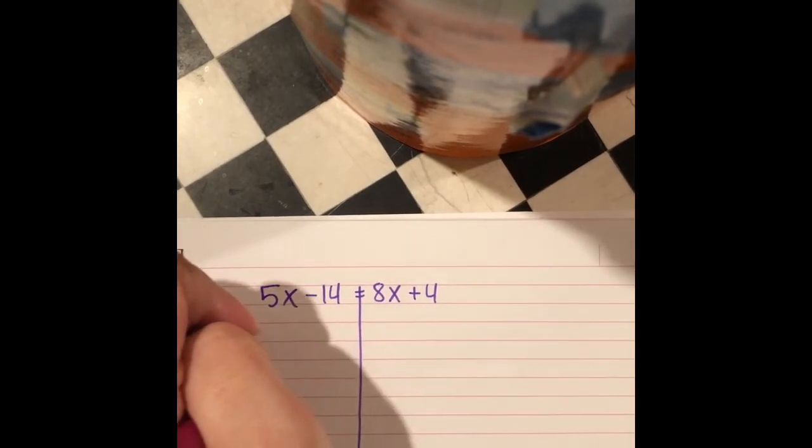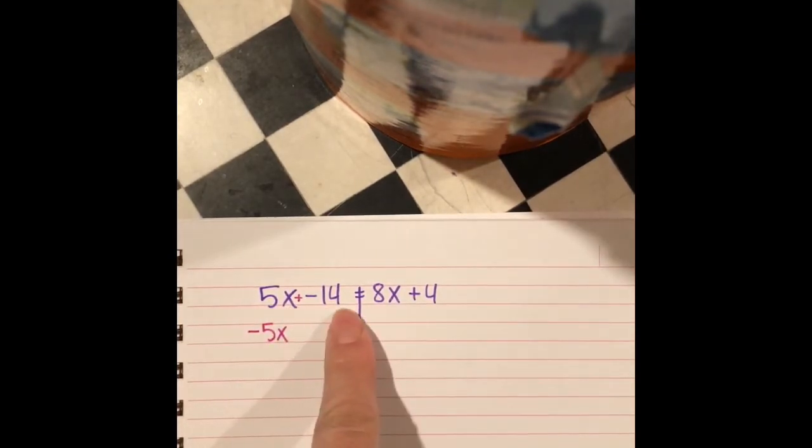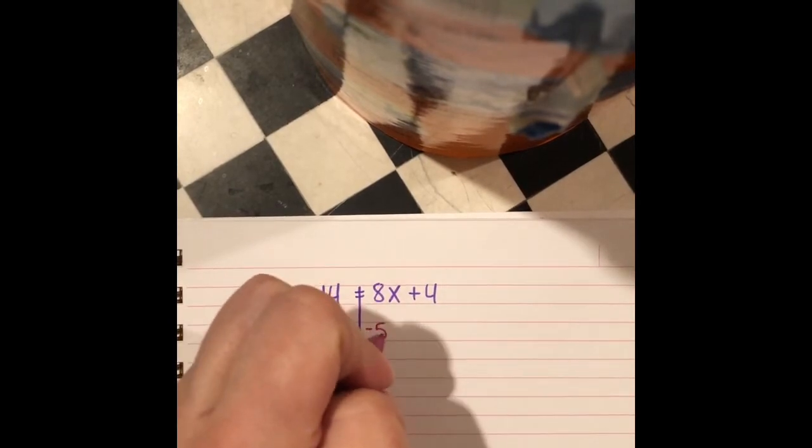So I'll start by subtracting 5x from this side because the 5x is being added to the negative 14. You think 5x minus 14, but it's the same thing as 5x plus negative 14. So subtracting 5x here, subtracting 5x here, and I'm going to do a rewrite.